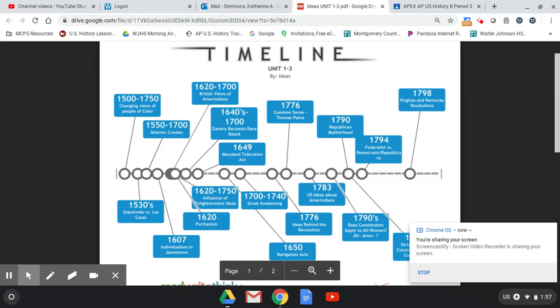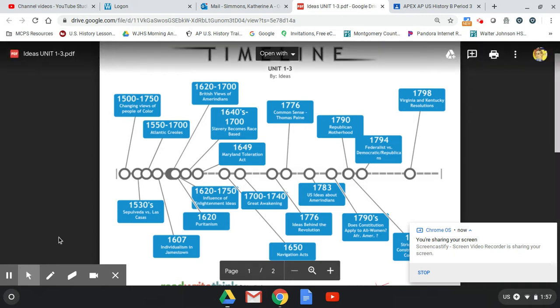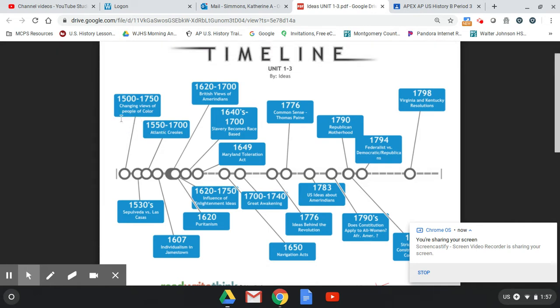So let's talk about ideas from these three units. If you look all the way over to the left on our timeline, you have the 1500s, starting 1500 to 1750. We really see one major idea, especially that Europeans have as they encounter peoples in the Americas, and they also encounter Africans, is their view of Native Americans and Africans is just going to perpetually become worse and worse.